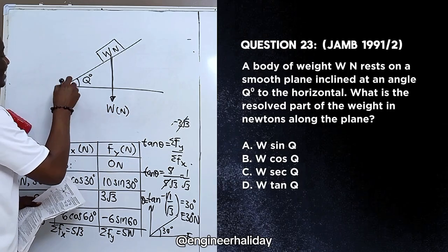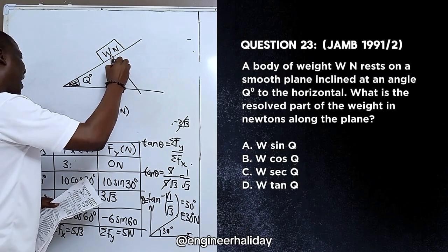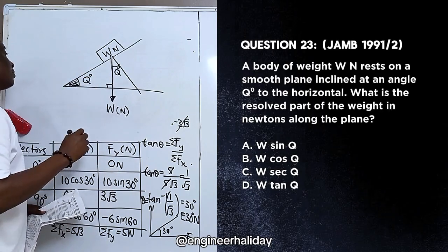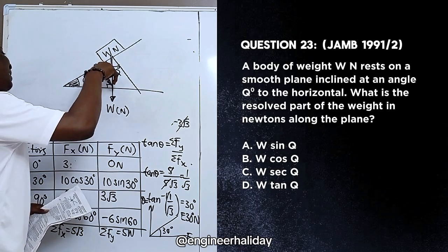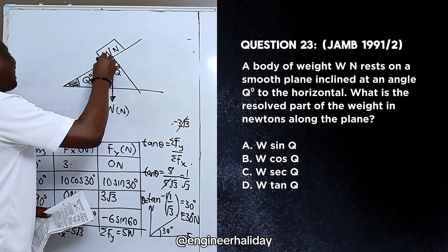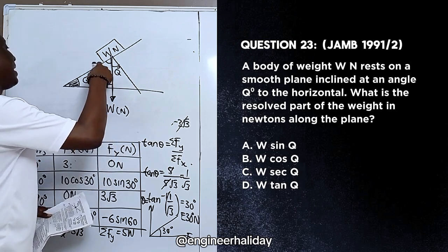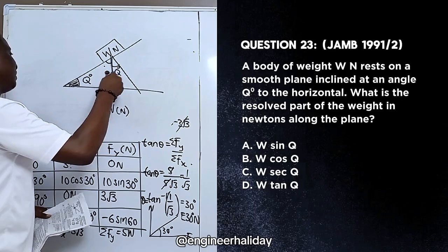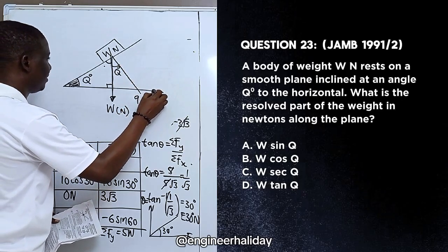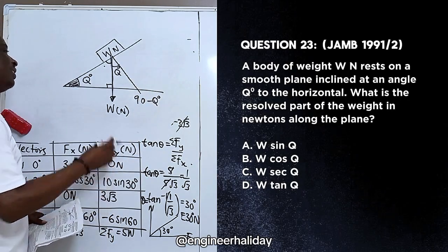Don't forget this angle here will be equal to Q degrees. Now this is 90, and if here is 90, that means here will be 90 minus theta. And you know that if here is 90 minus theta, everything here is 90. So if you now say 90 minus Q degrees, theta is always what I'm used to.